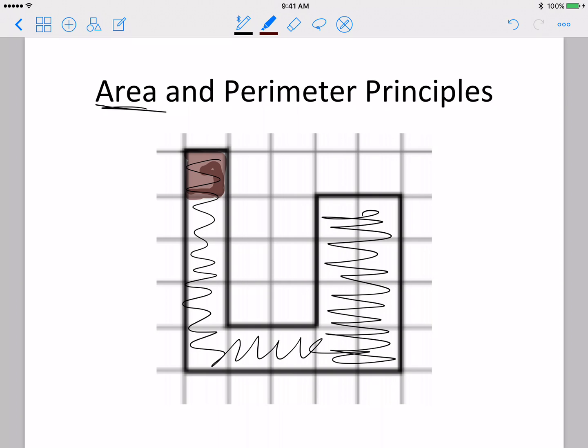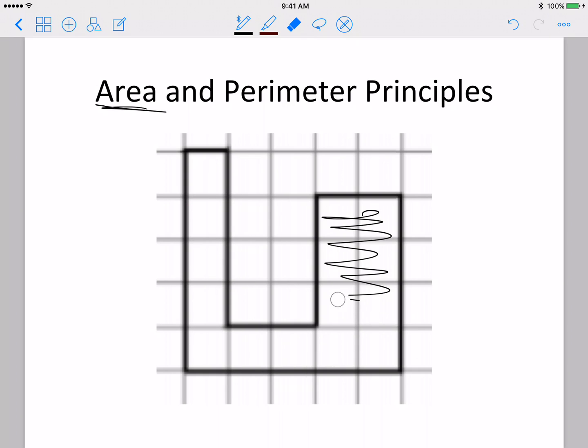So we're measuring this by squares. This is the space inside of a shape or a figure. This is kind of a rectilinear figure, but I wanted to show you all just so you can see how we measure it. So if I erase this and I wanted to find the area, what we're essentially doing is counting the number of tiles that we have.